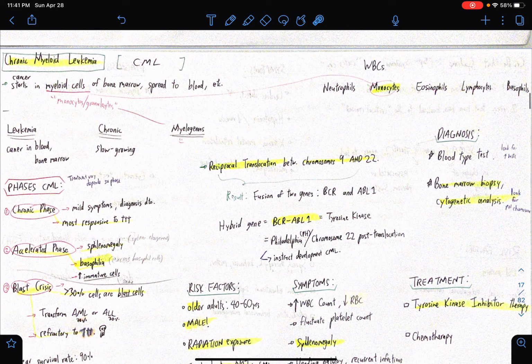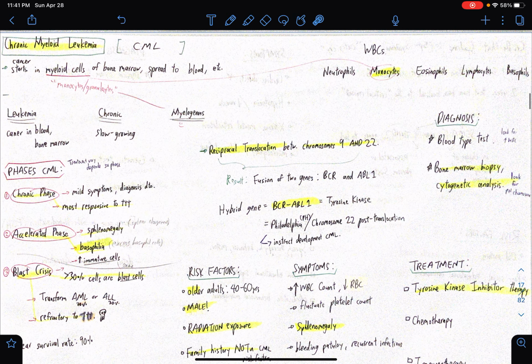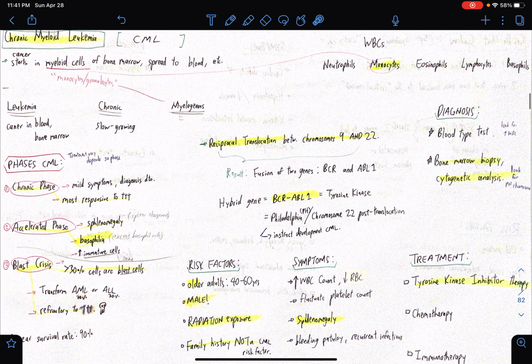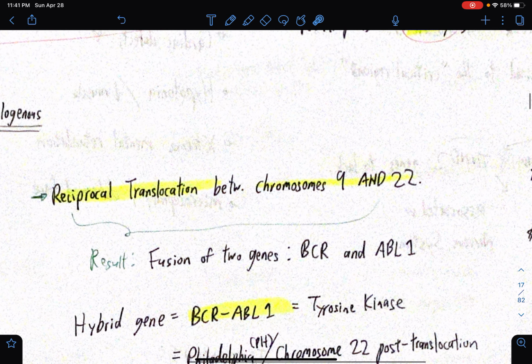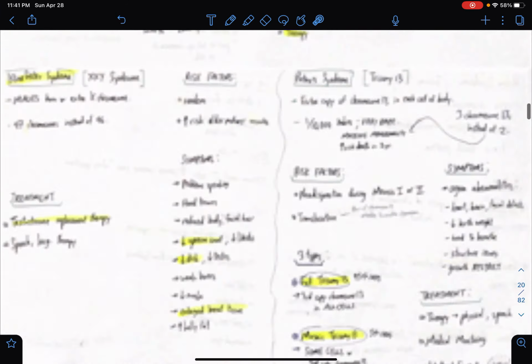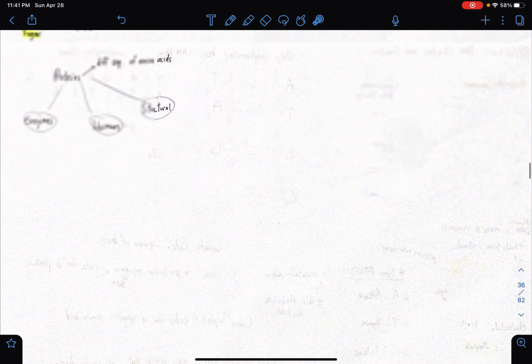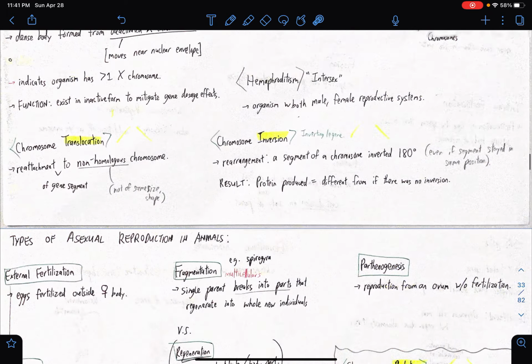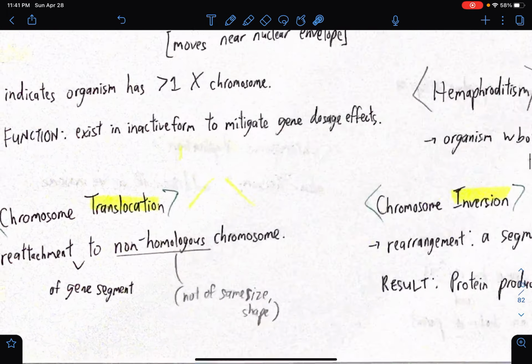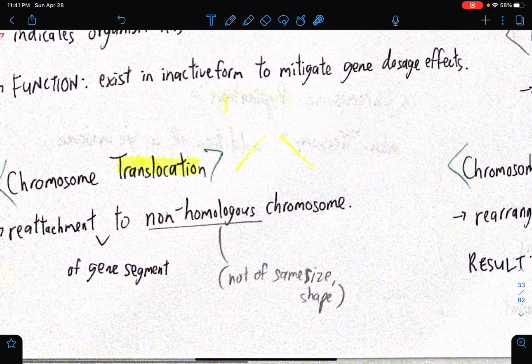Read the chat. Chronic myeloid. Where does it say? Sorry. Chromosome reciprocal translocation between chromosomes 9 and 22. Okay. I got the numbers wrong, but anyways. Okay, so that's an example of translocation.